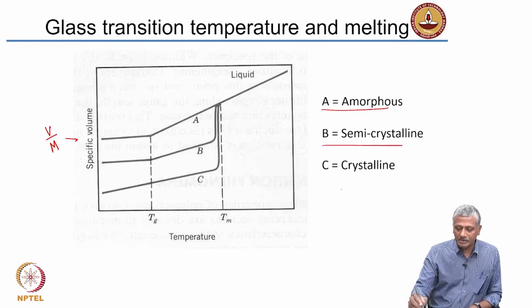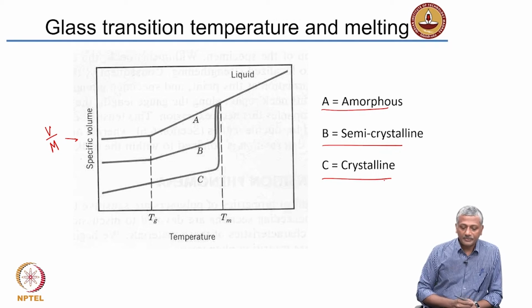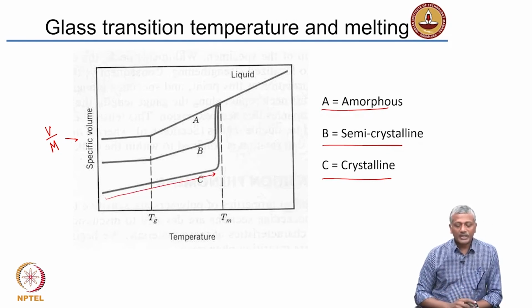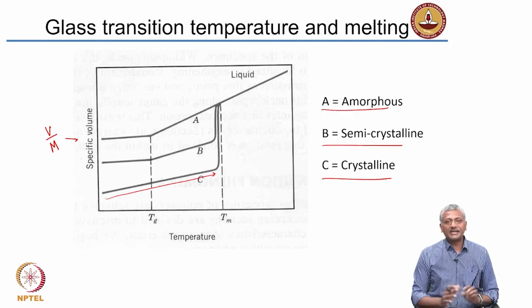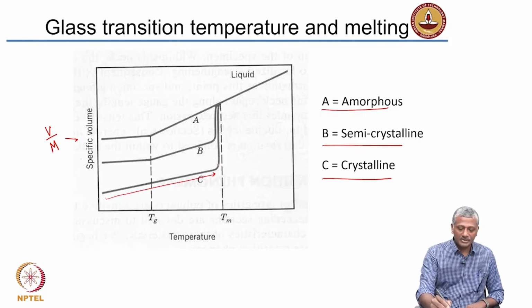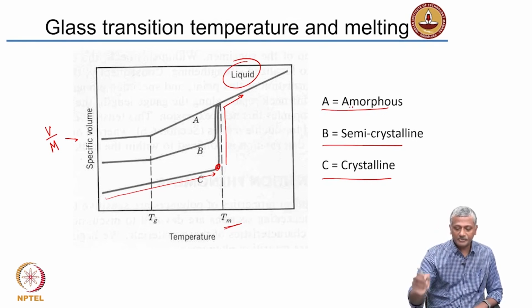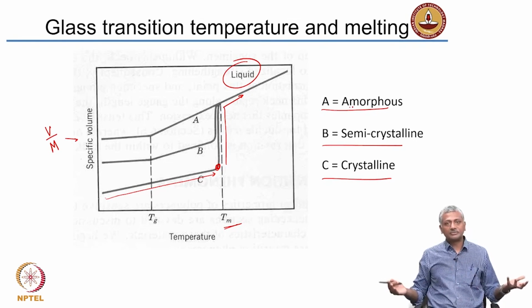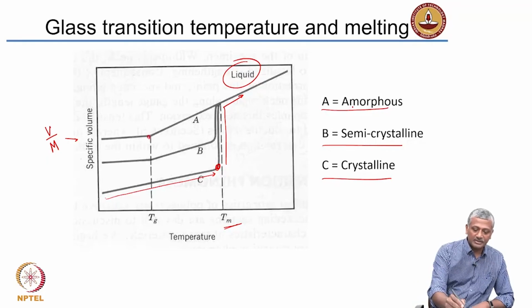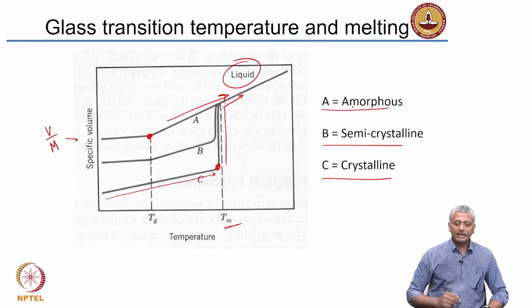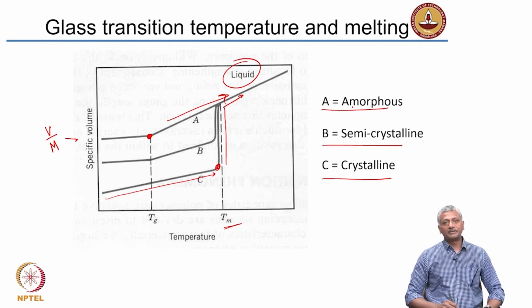A is amorphous, B is semi-crystalline and C is crystalline. In the case of a crystalline material, as you increase the temperature, you do experience some increase in specific volume, but you don't see any transition happening in the material until you reach this temperature and it suddenly transforms to a liquid phase, and that's your melting temperature. In the case of an amorphous material, where all the chains are disordered, you will experience the glass transition, but beyond that, it will have almost a liquid-like behavior.